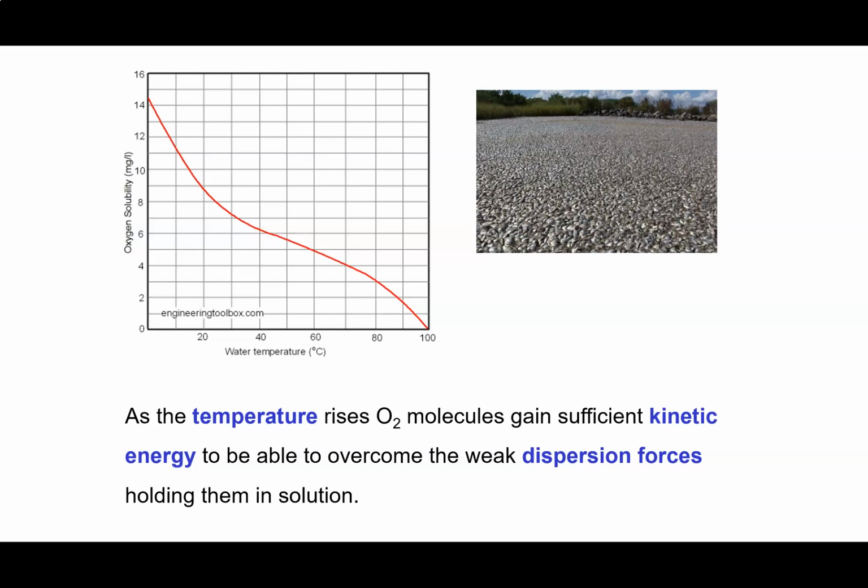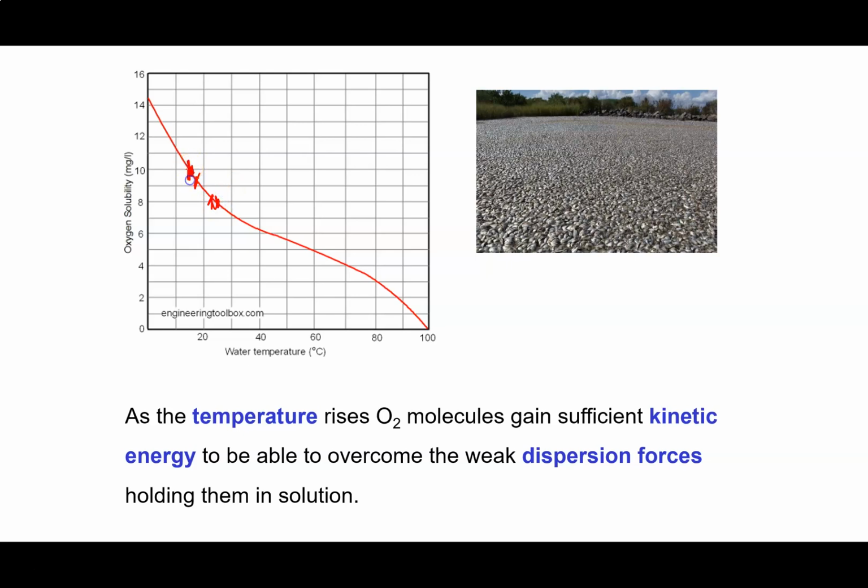Here's the oxygen solubility. If you look in this little region, this is around about what a 4 degrees Celsius rise in temperature looks like for our planet. So maybe from about here to about here.